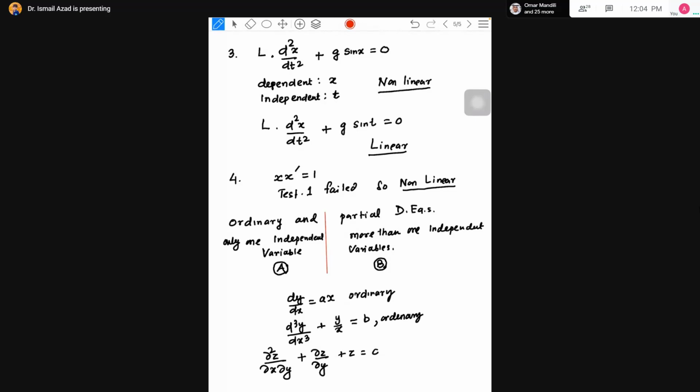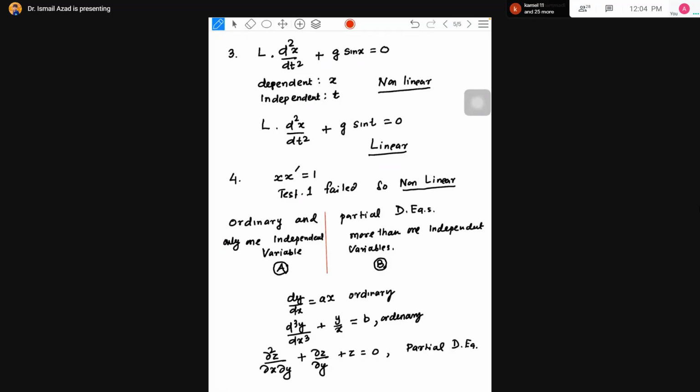What is the dependent variable here? z, only z. So it is the situation of one dependent variable and two independent. More than one independent means what will you say? Partial differential equation.